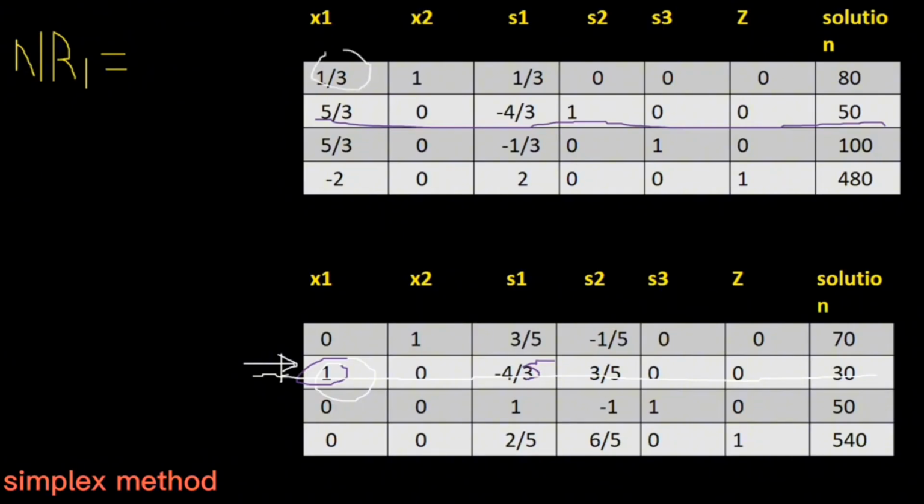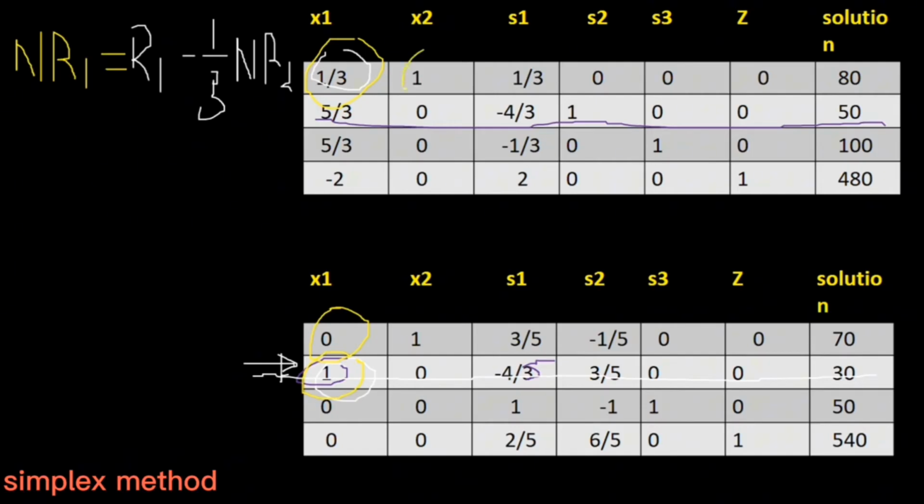This row 1 minus 1/3 new row 2. Let's compute it by yourself. We have row 1. This 1/3 minus 1/3 times 1, we are going to have 0.